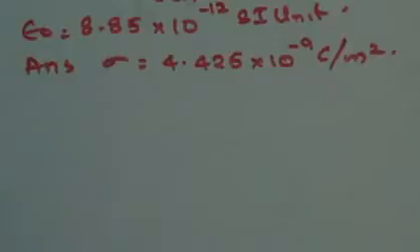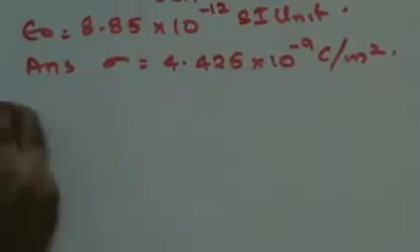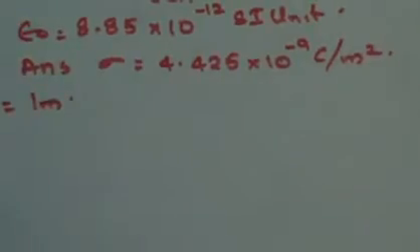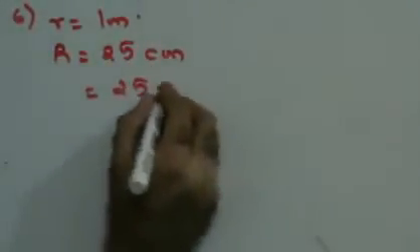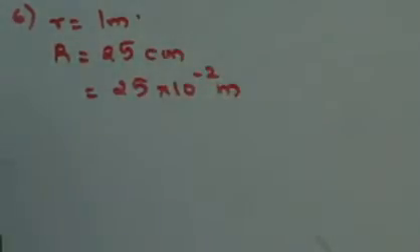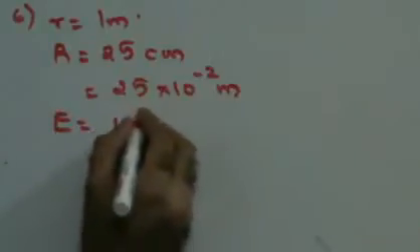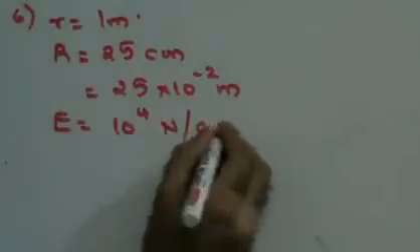The electric intensity at a point at a distance of 1 meter from the center of a sphere of radius 25 centimeters is 10 to the power of 4 newtons per coulomb.